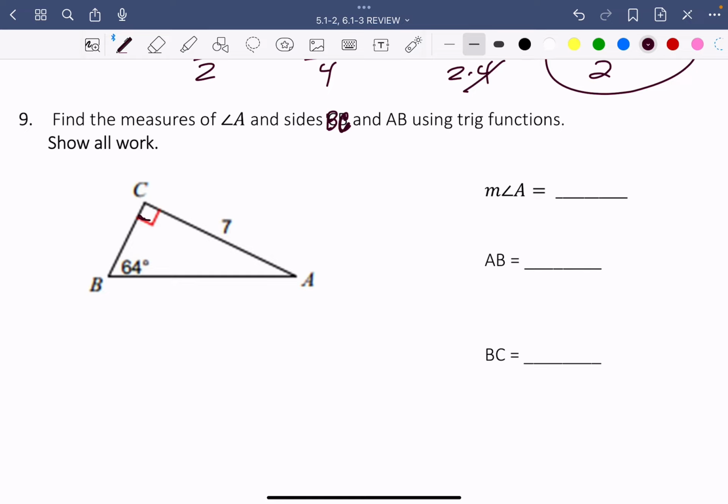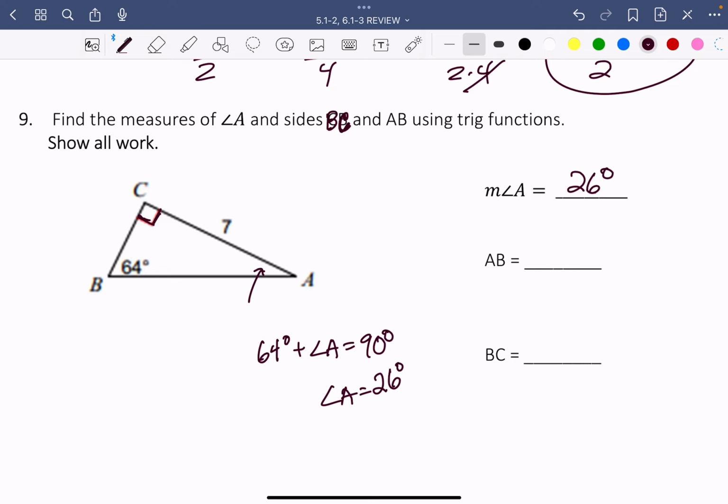So if this is a right angle and this is 64, well then we know that 64 plus angle A must add together to be 90, because 90 plus these two must add to 180. So when I subtract, I get that angle A must be, well, 6 gets to 70, and 20 gets us to 90, so that's 26.